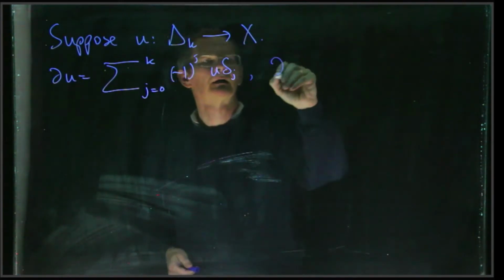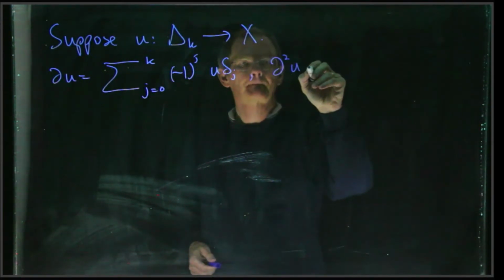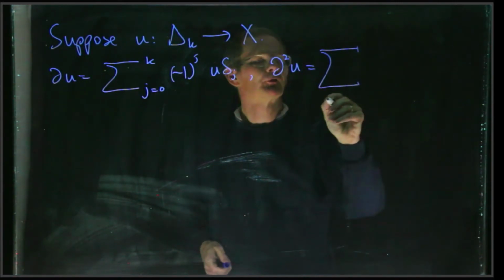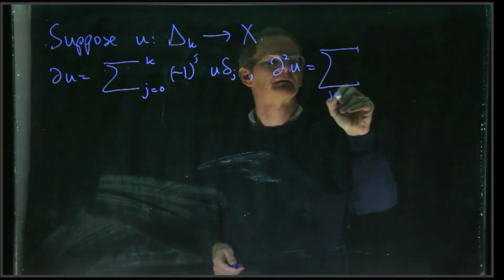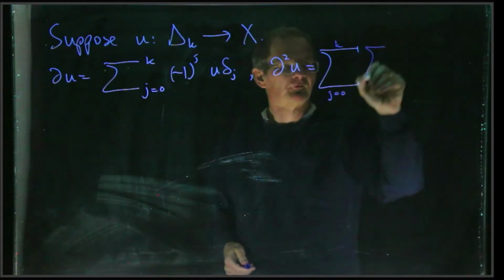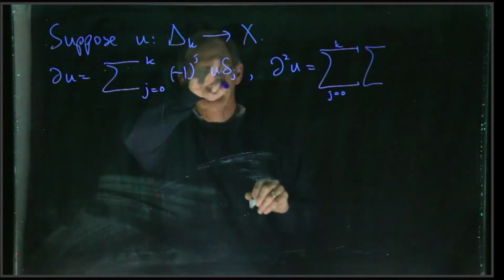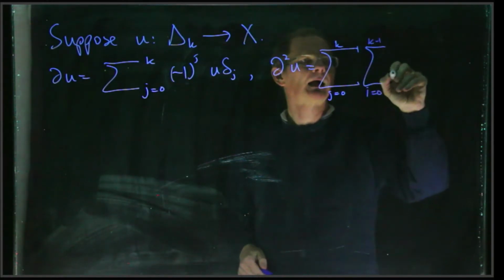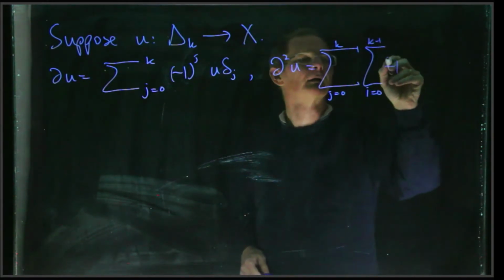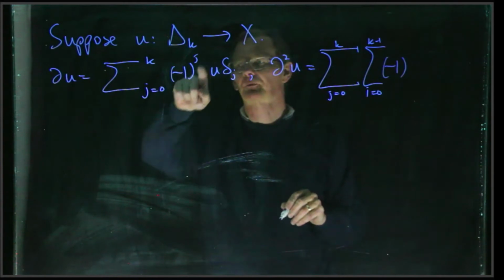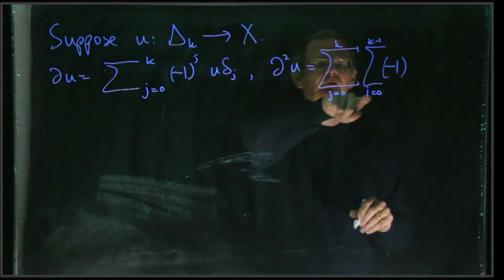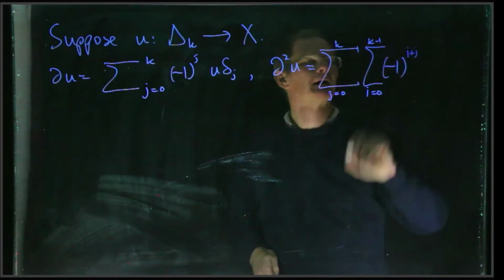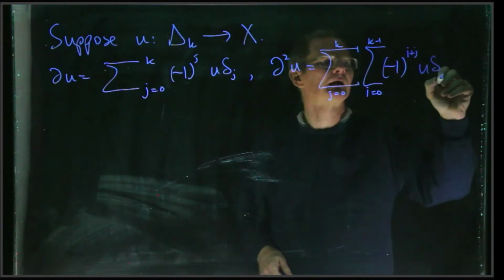And so for d squared u, you've got the sum from j is 0 to k, and then for the second d, a sum from I is 0 to k minus 1. You have the sign minus 1 to the j from the first thing, and then you get an extra minus 1 to the I from doing the d again. So this is minus 1 to the I plus j, and then you've got your u delta j delta I.